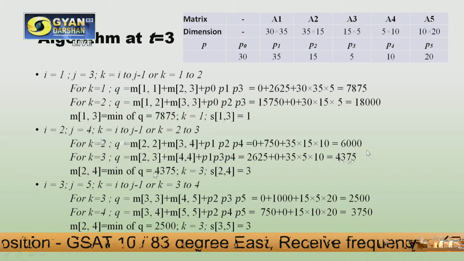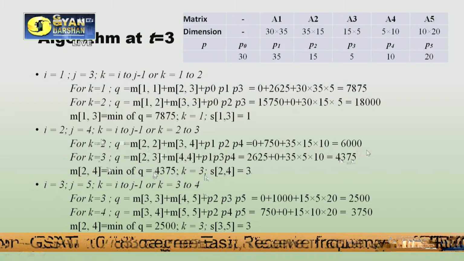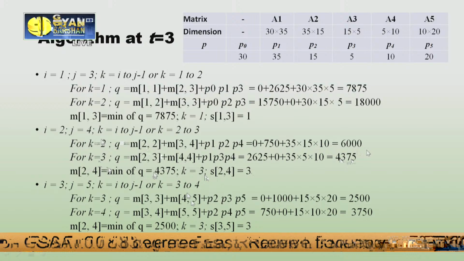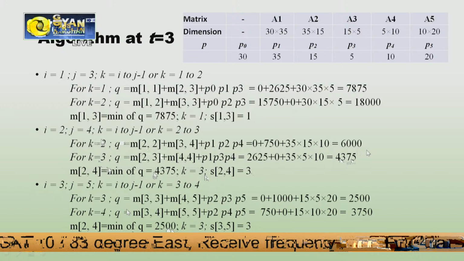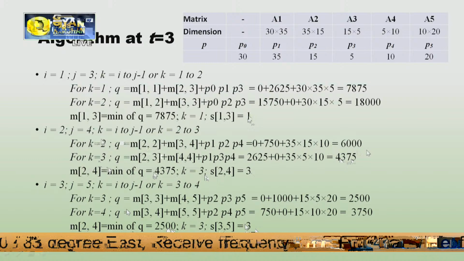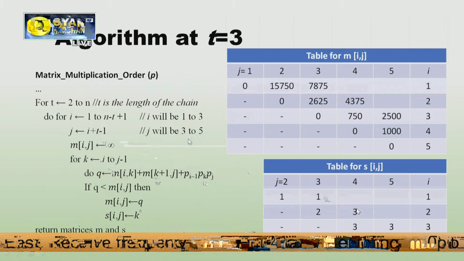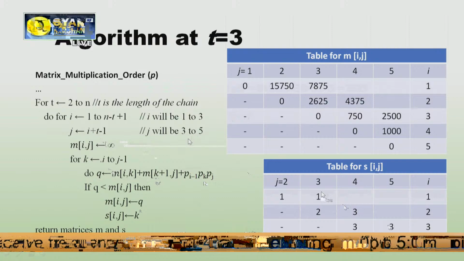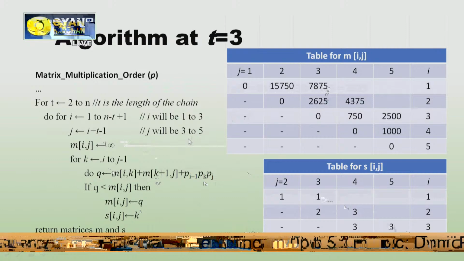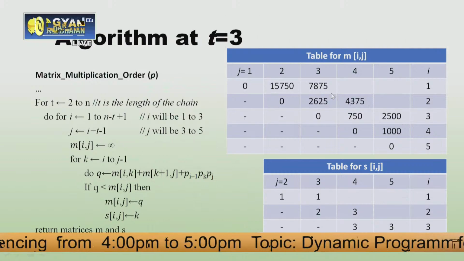In this particular case, k equals 3 has the minimum value. And in the last case, the minimum value has been found and k equals 3. So you can observe that those S values 1, 3, 3 have been filled up over here, and the minimum values have been filled up in this particular case.